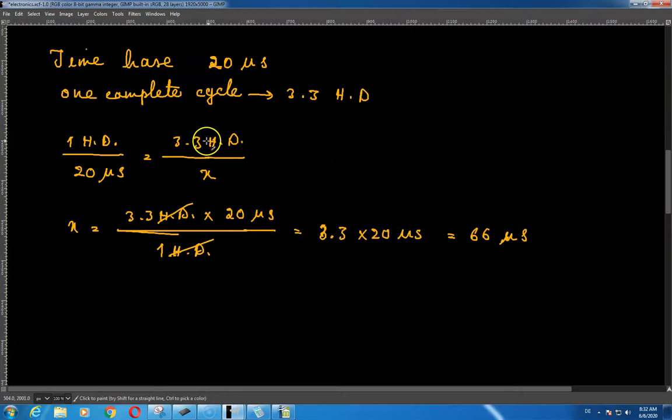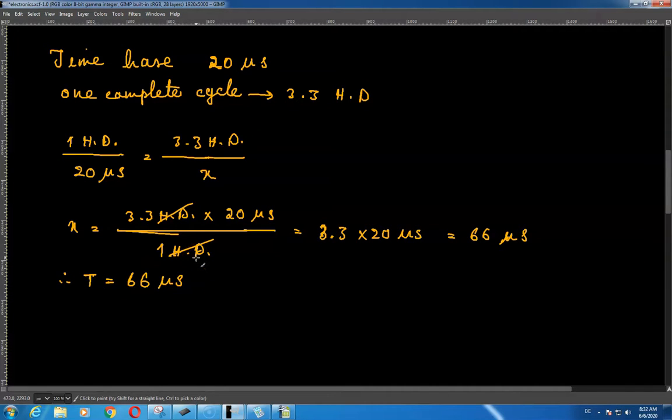So 3.3 horizontal distances on the oscilloscope right now corresponds to 66 microseconds, which means that your period is equal to 66 microseconds.